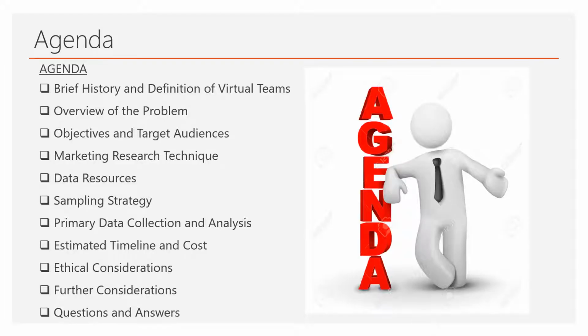So the agenda. In this agenda, we're going to go over a brief history and definition of virtual teams, the overview of a problem that virtual teams are having today, objectives and target audiences, marketing and research technique that's being used in the proposal, data resources, a sampling strategy, primary data collection and analysis, the estimated timeline and costs that's going to be in to gather resources and sampling information to understand virtual teams and understand the success of them.